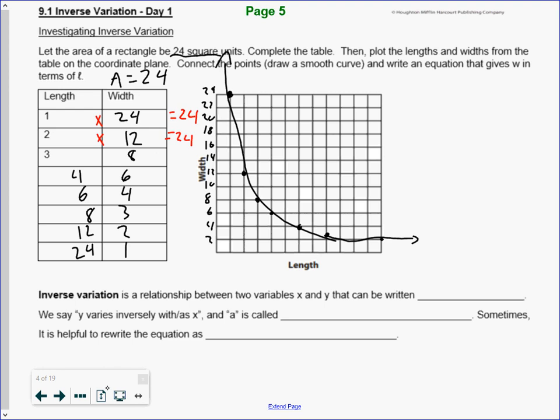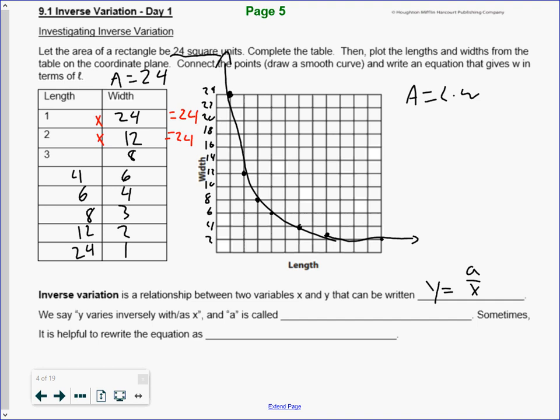An inverse relationship is a relationship between two variables, x and y, that can be written as y equals a over x. So if I look at this problem right here, where I said area equals 24, I have area equals length times width.